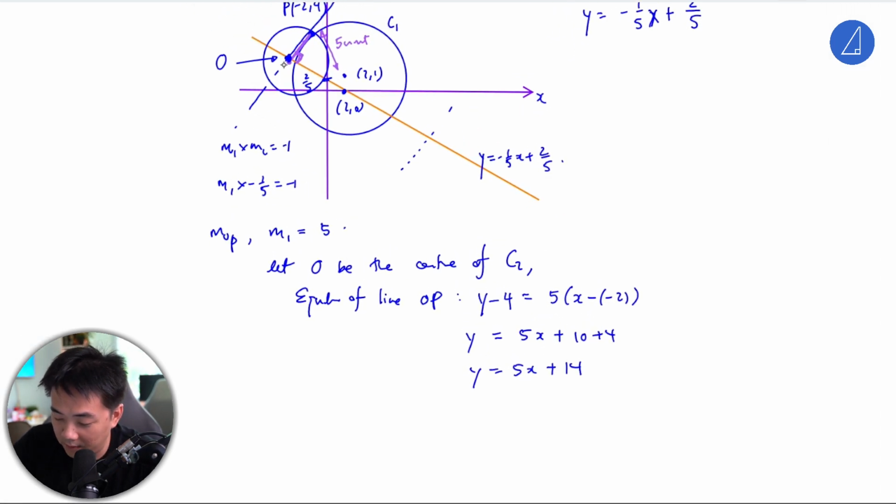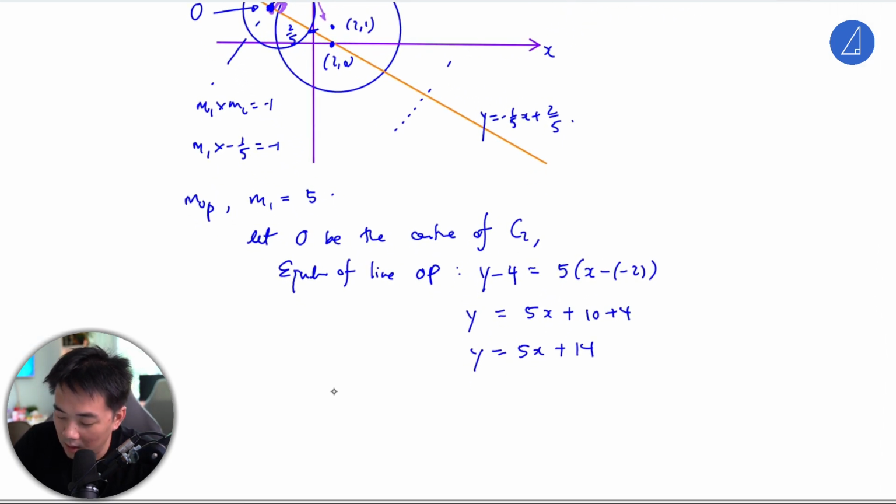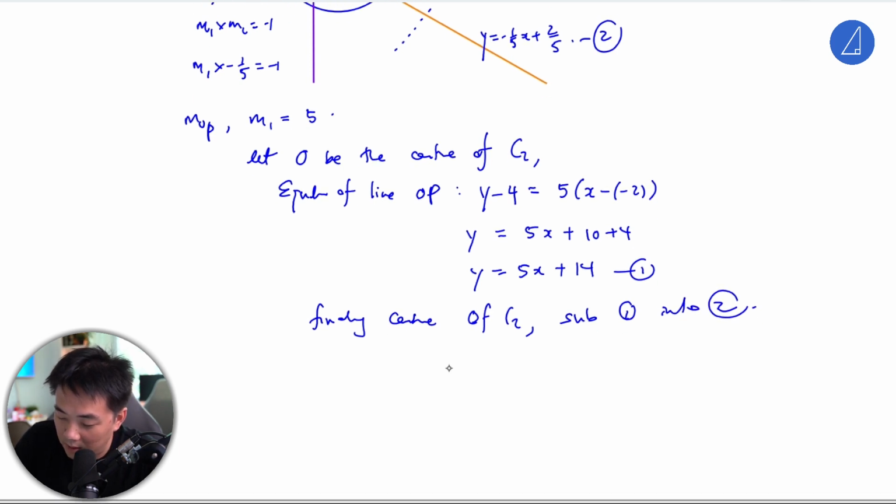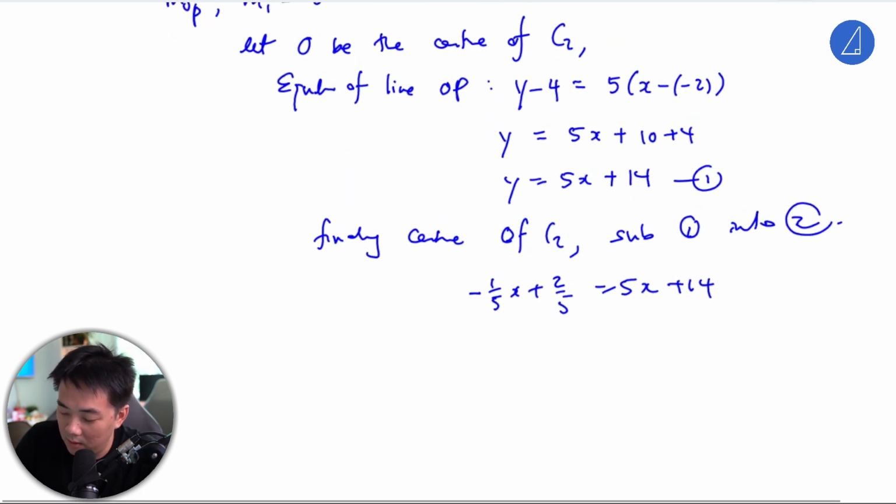Okay, so now I can find the center. Finding the center of C2, what I'll do is take 1 sub into 2, right? So sub 1 into 2. Then what we get is -1/5 x plus 2/5 equals to 5x plus 14, and hope that we get the answer there.